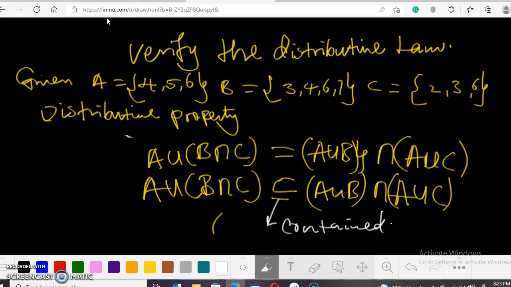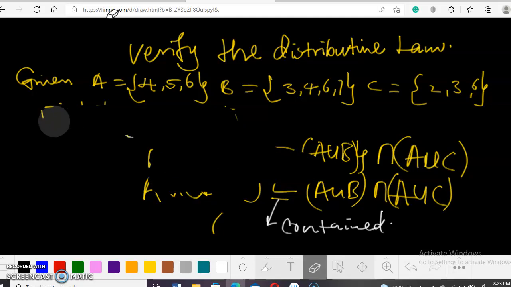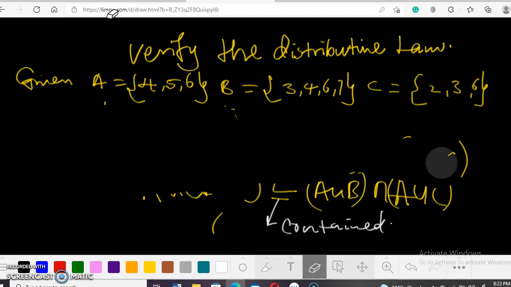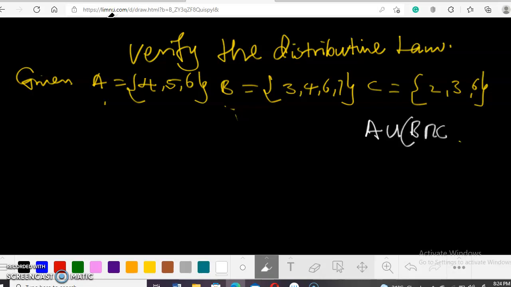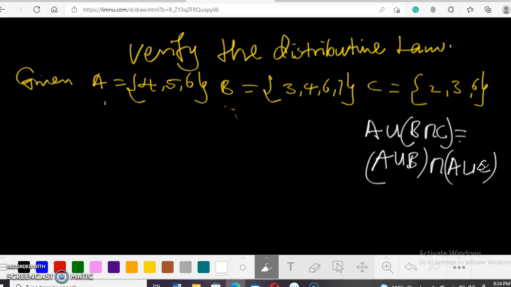Our property says that A union B intersection C is equal to A union B intersection A union C. So now, what we are going to do is to take the left-hand side.